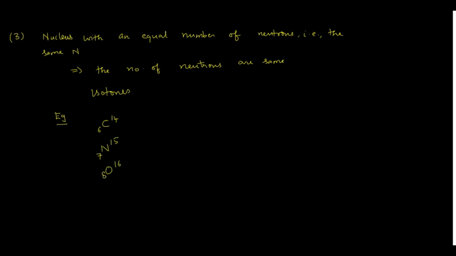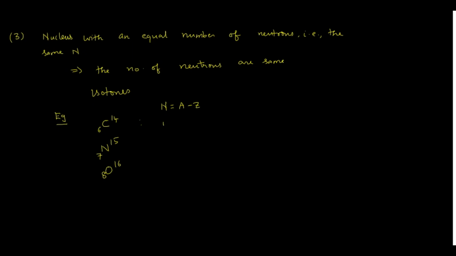If you consider these three elements, now let us calculate the number of neutrons. In order to calculate that we use this formula, n is equal to A minus Z. Now what is n here?